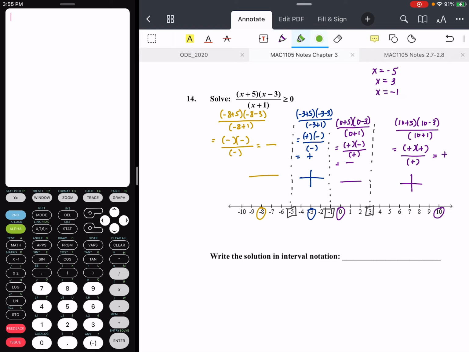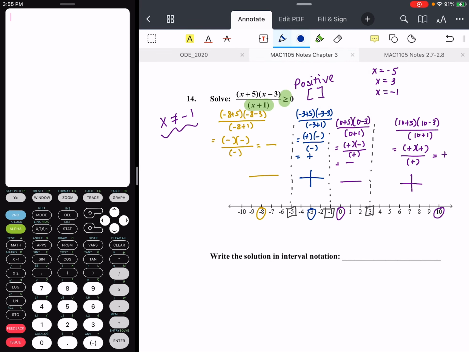So if I'm solving (x plus 5) times (x minus 3) over (x plus 1) greater than or equal to 0, I'm looking for my positive intervals. I'm going to use square brackets, except remember that x cannot equal -1 from that denominator factor. That's my only additional restriction.